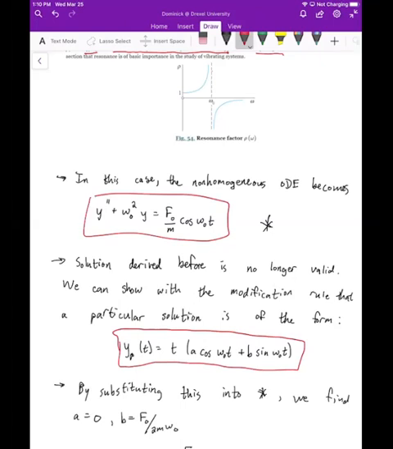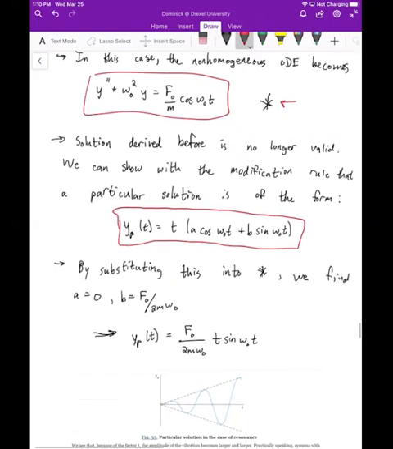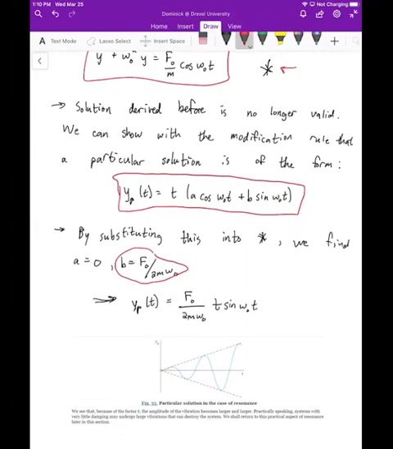If I call my undamped forced oscillation ODE star and substitute this particular solution into star, you get that A has to be 0, so your cosine term drops out, and B is equal to F0 over 2m times omega 0. So this gives us our particular solution as listed here.